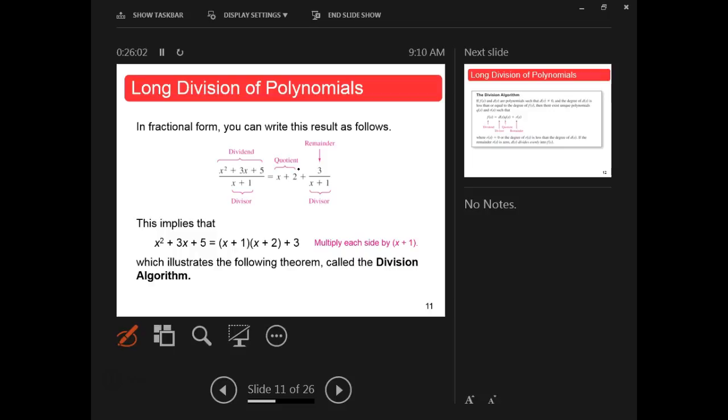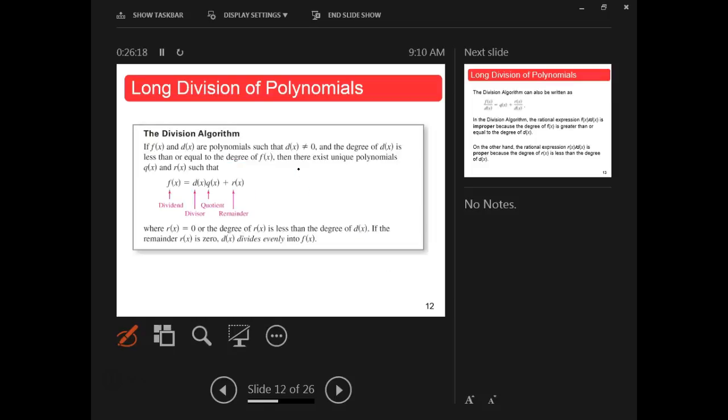It doesn't matter which order you do it. So both of these are ways of expressing a division of polynomials. This is on one line, that's on two, written in fractional or rational form. So here's our division algorithm.